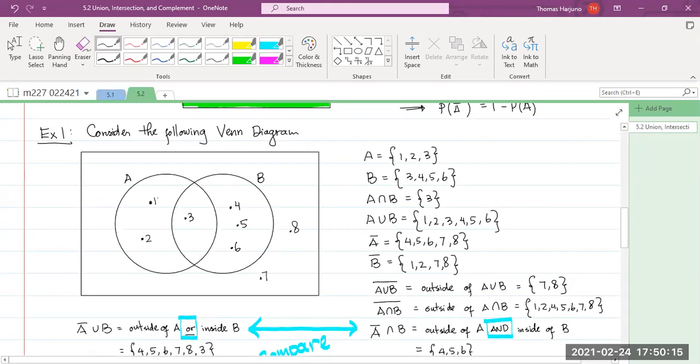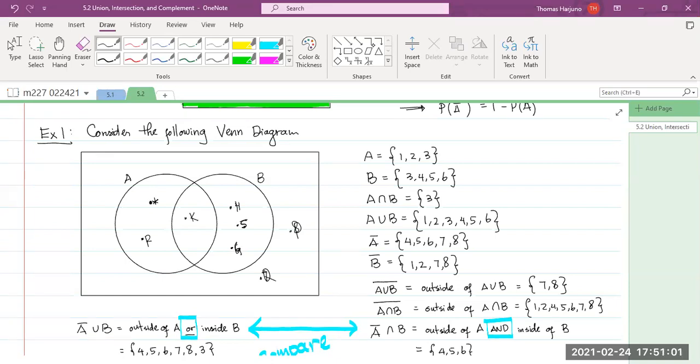So for A, for example, I use a star. And this is R. This is K. And this is H. This is G. This is P. And this is Q, let's say. Okay, so how many elements in A in this picture?